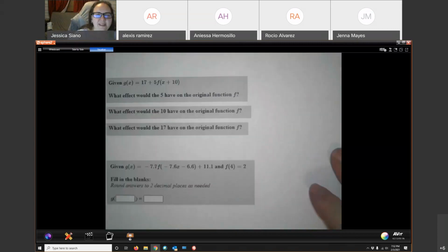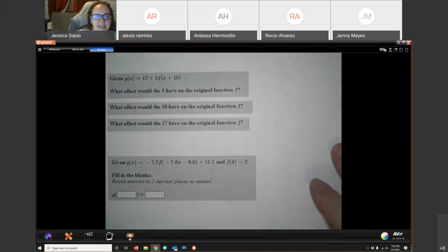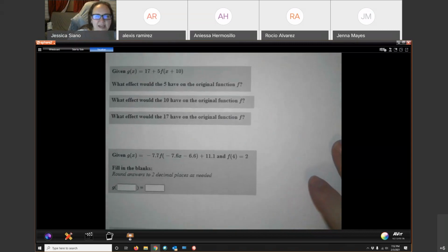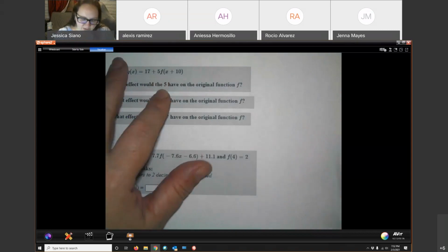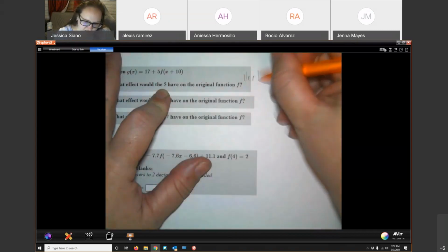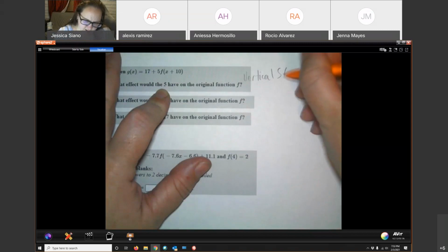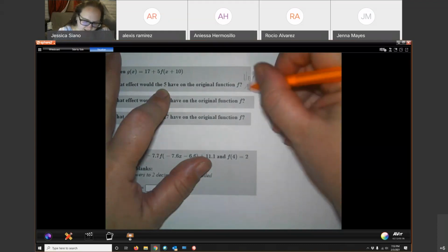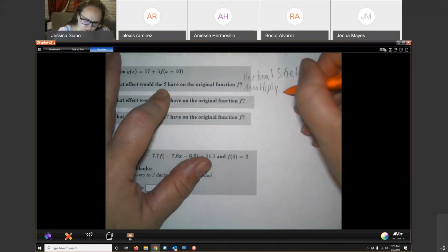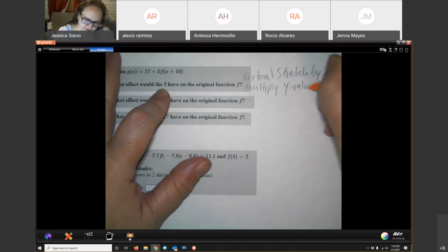So again, anything that's on the outside is going to affect your y's. Anything that's on the inside is going to affect your x's. So see how this 5 is on the outside and it's being multiplied? So that would be a vertical stretch by 5, which means we would multiply your y values by 5.